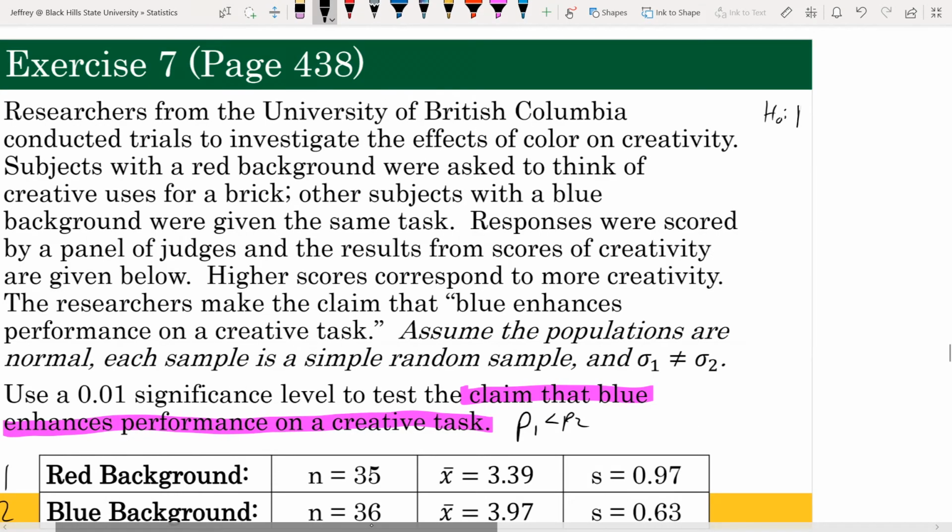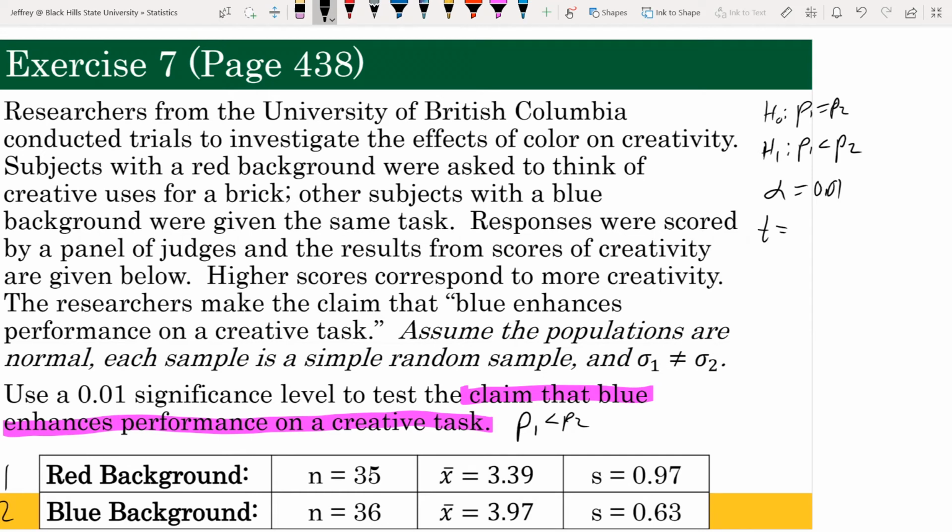So the null hypothesis is that P1 equals P2. The alternative is that P1 is in fact less than P2. So this is a left-tailed test. Significance level is 0.01. And using Excel, we will get the test statistic as well as the p-value.